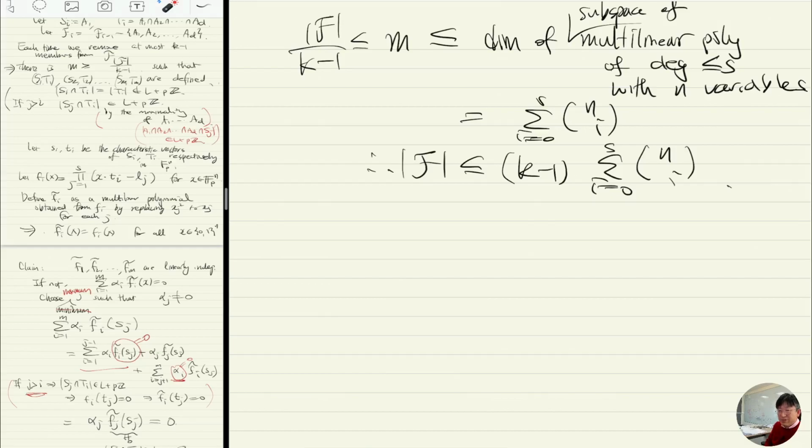And similarly, we can prove it for the version without the modular condition. So here's the theorem. Again, by the same set of authors.